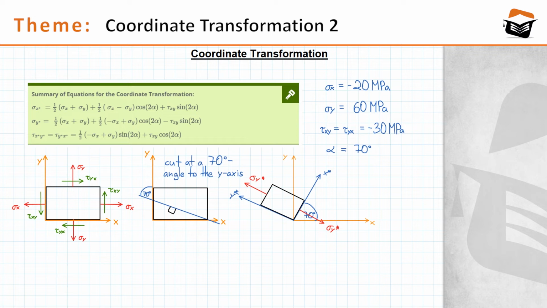Similar thing with sigma x star. Again, you want to rotate the stresses counterclockwise by 70 degrees in reference to this drawing.